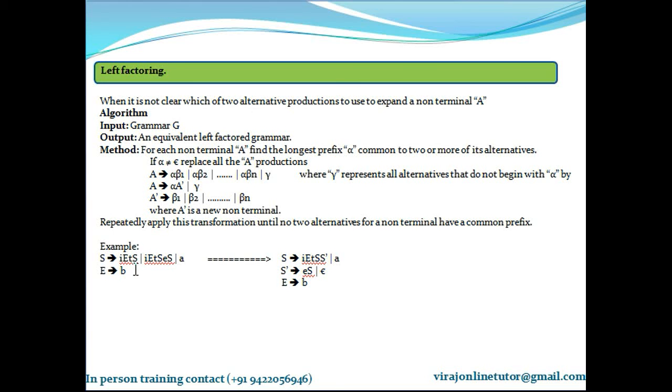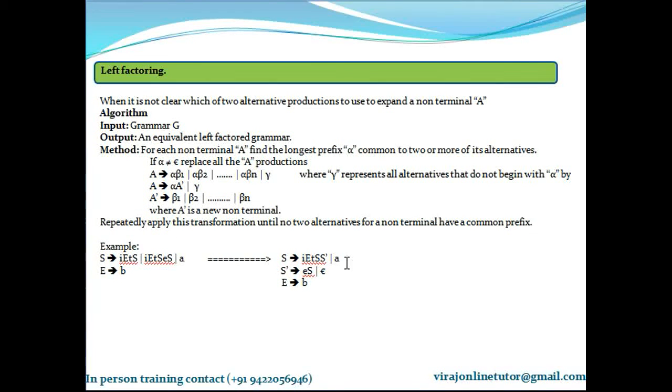So here it is iEtS, here it is iEtS followed by eS. So the parser won't know. In the input string, suppose I get iEtS, it won't know whether to take this or this. When the first character that it hits is i, it won't be able to know whether it has to take a production starting with this i or the production starting with this i. So that's why we need to convert this into left factored grammar.